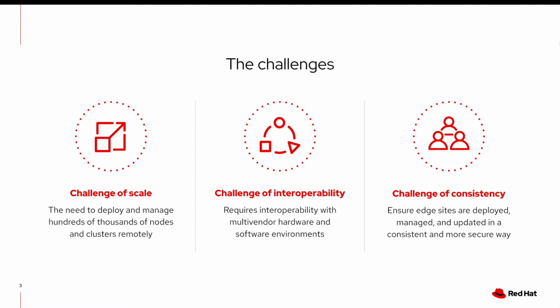Second, we know that no single vendor can build an entire edge stack, and so organizations need to ensure interoperability within a multi-vendor hardware and software environment. At Red Hat, we want to make sure that as edge sites scale, regardless of the physical infrastructure, they need to be interoperable with their solution. Third, edge sites need to be managed and updated in a consistent and secure way, since many are widely distributed with limited access.